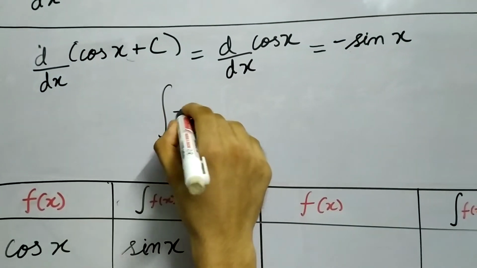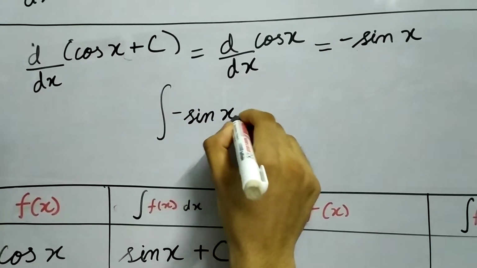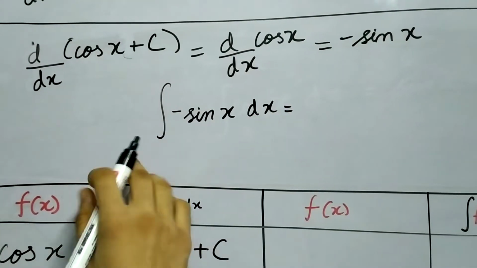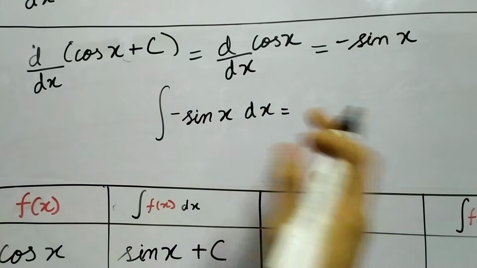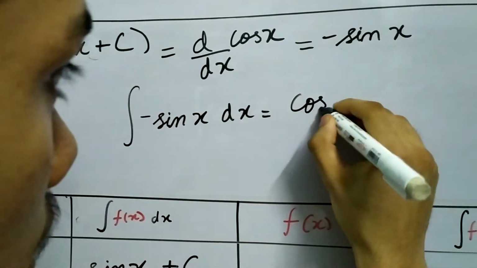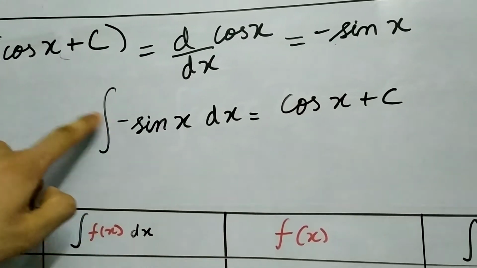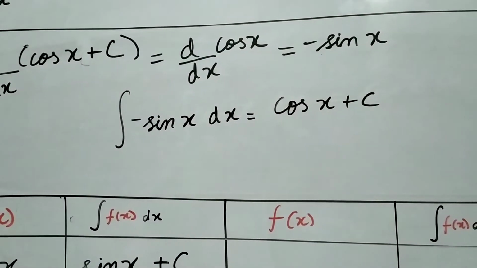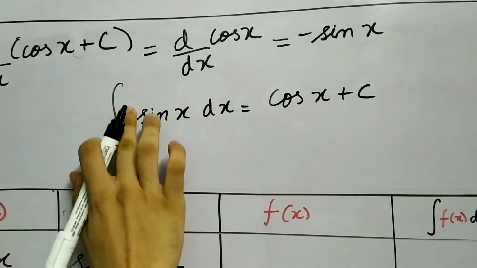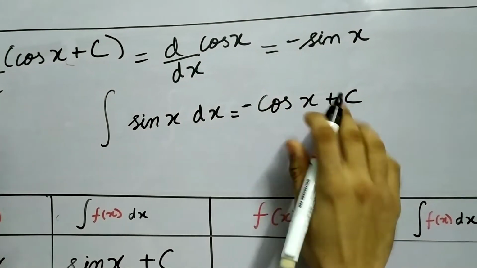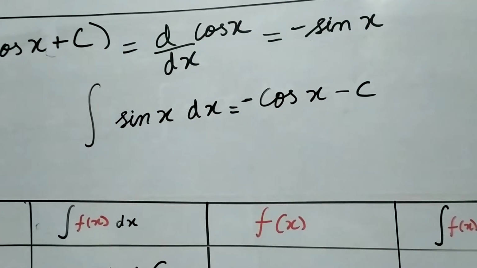So the indefinite integral of minus sin x dx is cos x plus c. The minus pops out and goes to the other side, so we get minus cos x minus c.